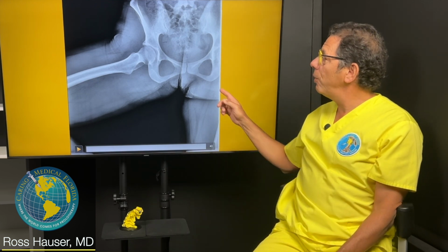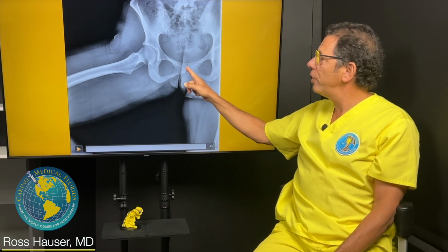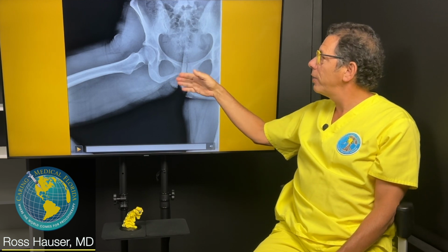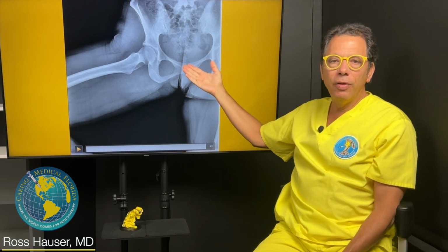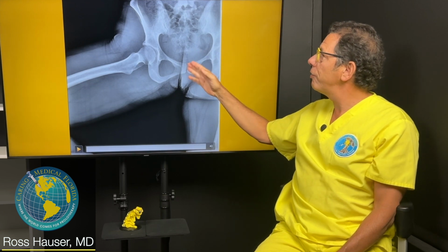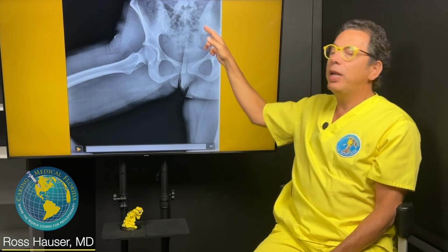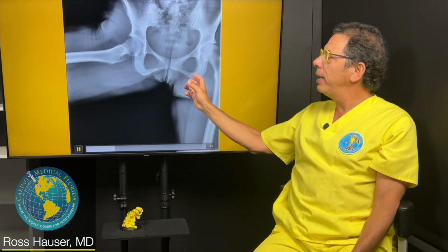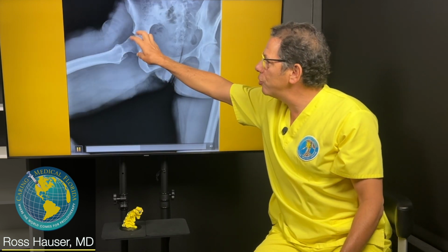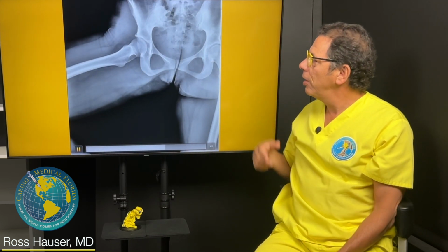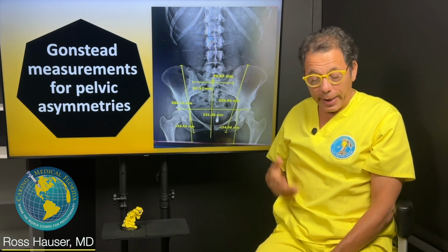What's really neat too is you see the pubic symphysis here. You can see it's a little bit crooked. So that's a sign that we know that there's some pubic symphysis instability. And if you look really closely here, when the person moves, you can even see their sacroiliac joints change a little bit. So again, it's much more than just do prolotherapy there. It's do prolotherapy in the other body parts too.